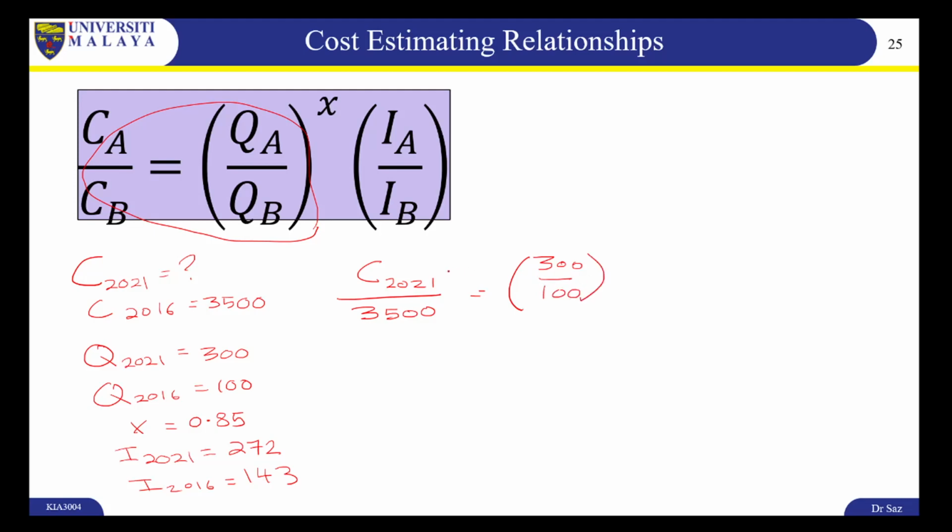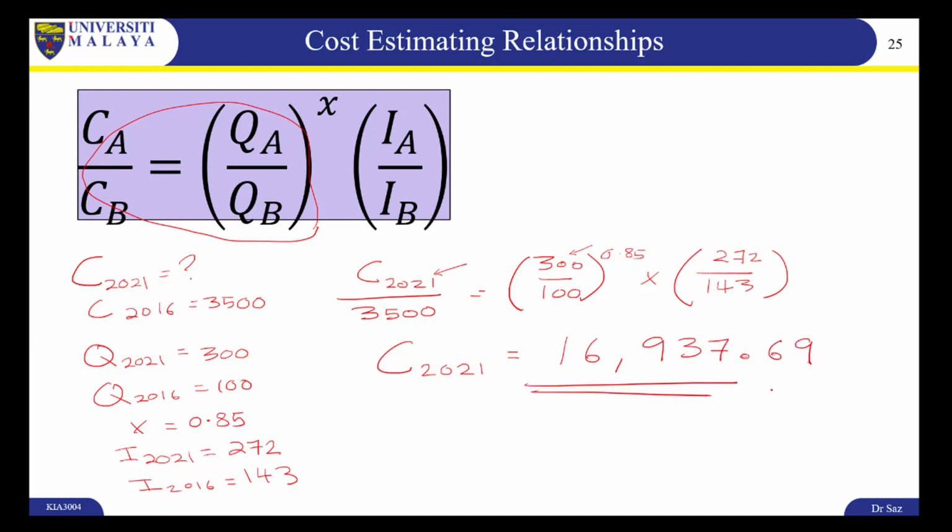Remember, the thing that we want to find is on top, so this one is also on top, to the power of 0.85 and multiplied by 272 divided by 143, and you will find that C 2021 will be 16,937 and 69. There we go.